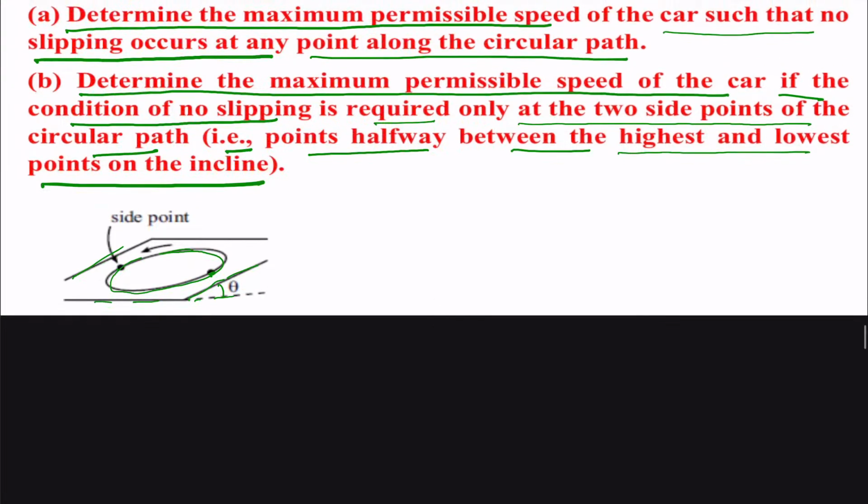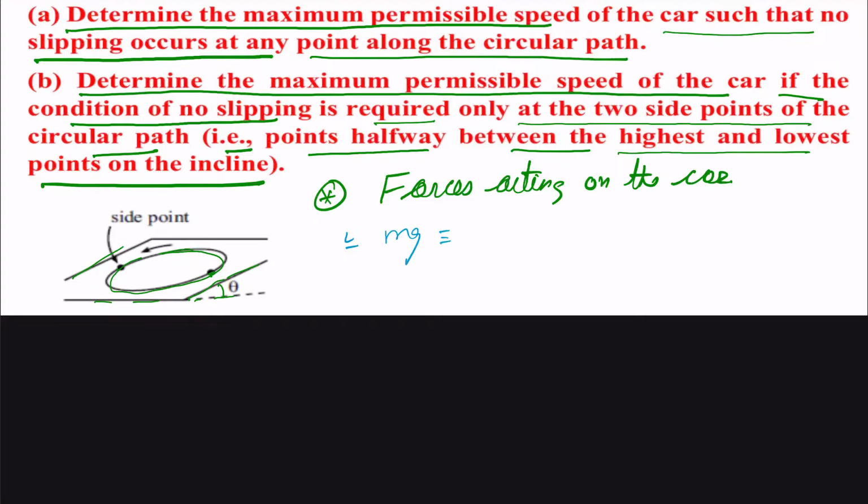Therefore we can say the forces acting on the car: the first one is mg, which acts vertically downward.